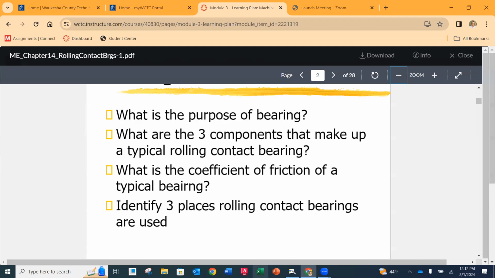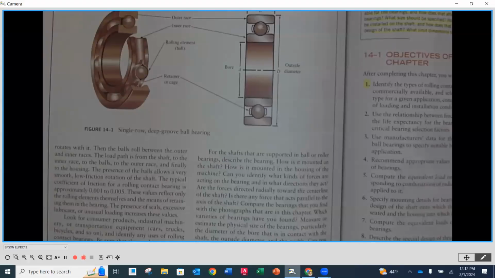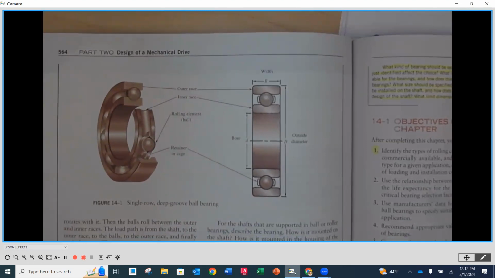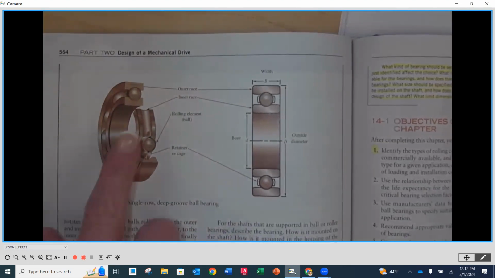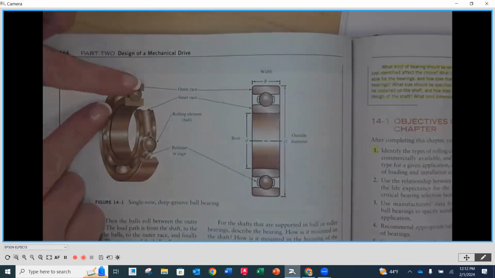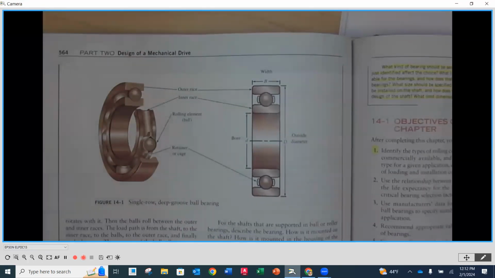So on the page, they do have a nice illustration here and even a cutaway on the following page, page 564. Here are those elements. So we've got the balls, the cage that keeps them in there, and then the inner and the outer race, which is kind of considered one, if you would. Okay, good.